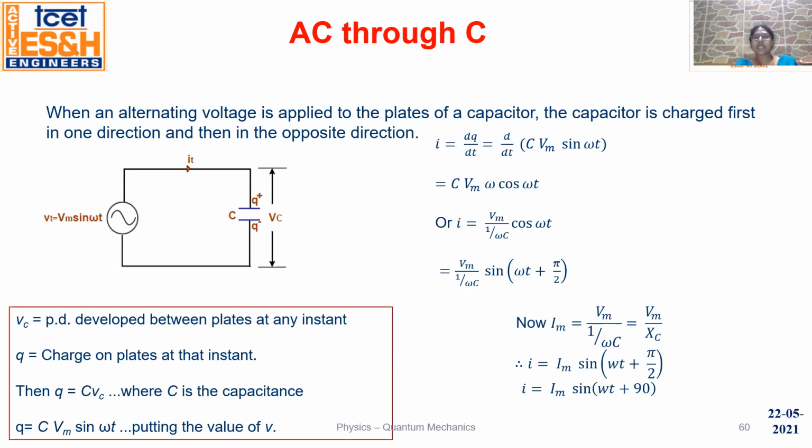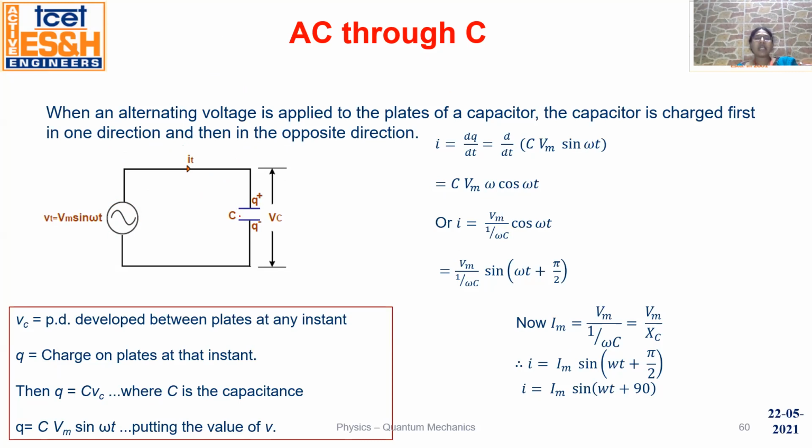Now this is a circuit which has a capacitor across the AC supply. See, this is the condition when the AC supply is applied across the plates of the capacitor.